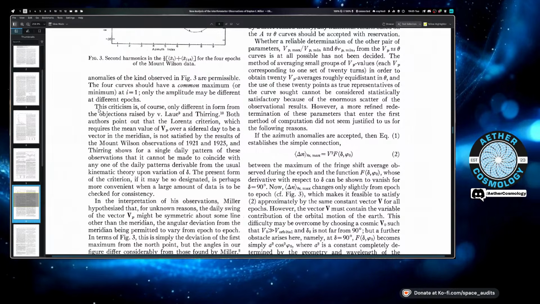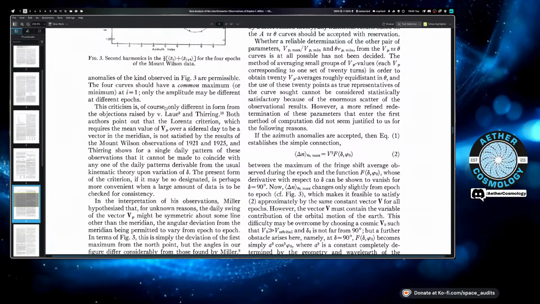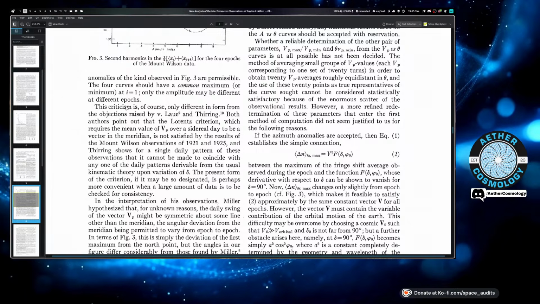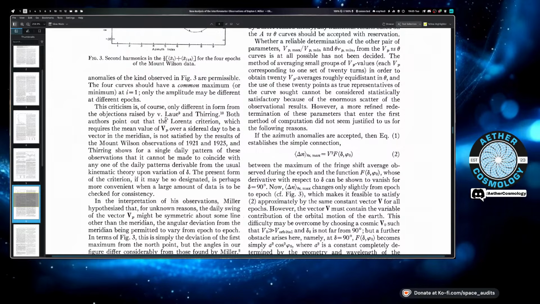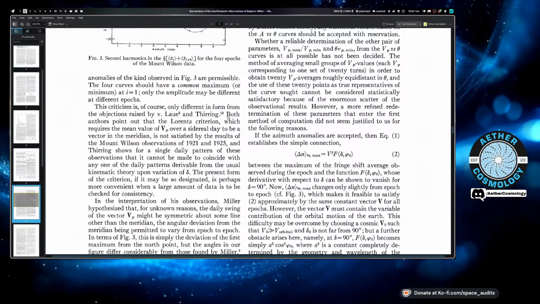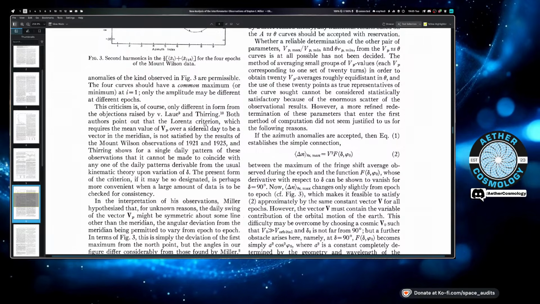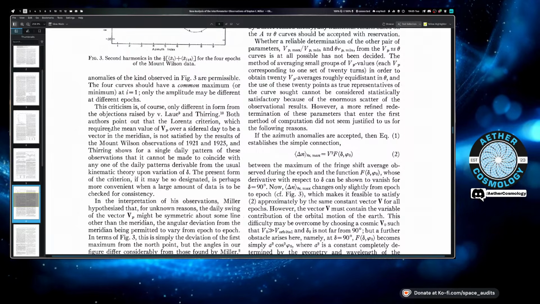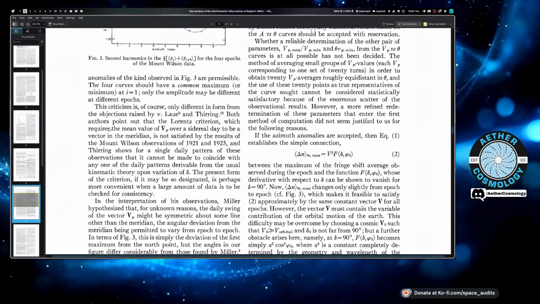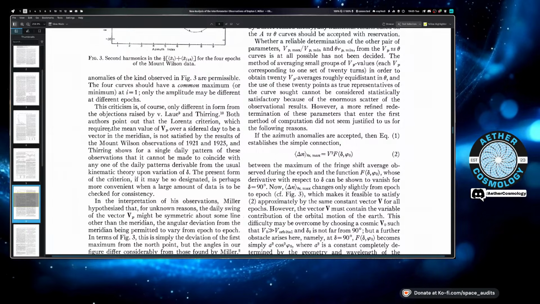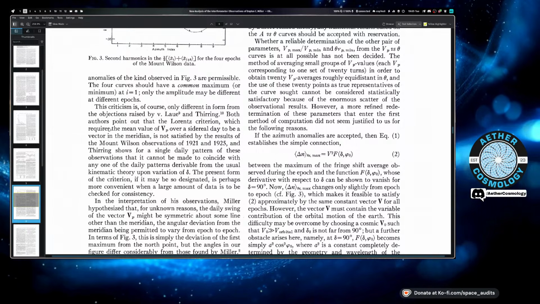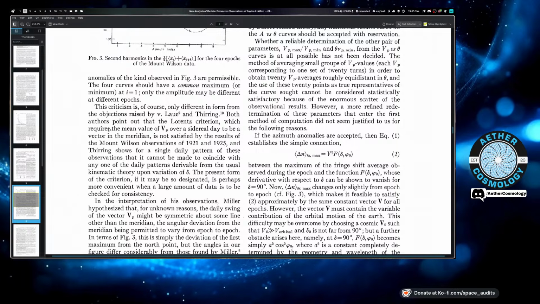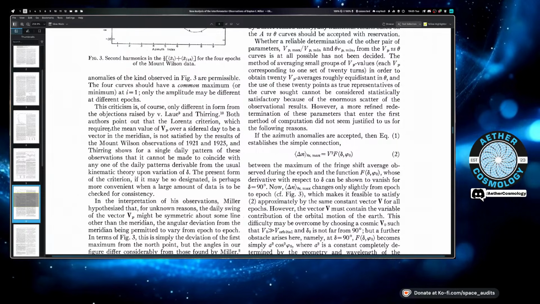This criticism is, of course, only different in form from the objection raised by von Laue and Thoring. Both authors point out that the Lorentz criterion, which requires the mean value for the velocity over the sidereal day to be a vector in the meridian, is not satisfied by the results of the Mount Wilson observations from 1921 and 1925.